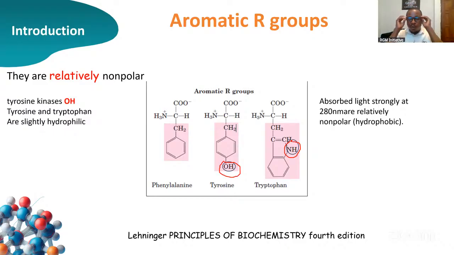I wish we could convert this to a lecture series where we look at even metabolic pathways and metabolic regulations. But let me not dwell. These are aromatic and they absorb light strongly at 280 nanometers. So in case you are asked which of these amino acids absorb light strongly at 280 nanometers, you should be expecting phenylalanine, tyrosine, or tryptophan in the options.